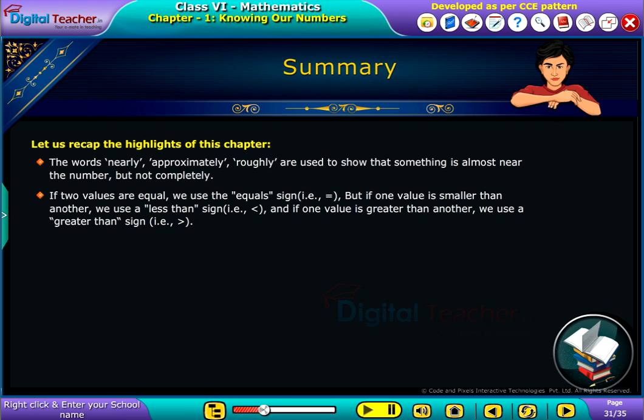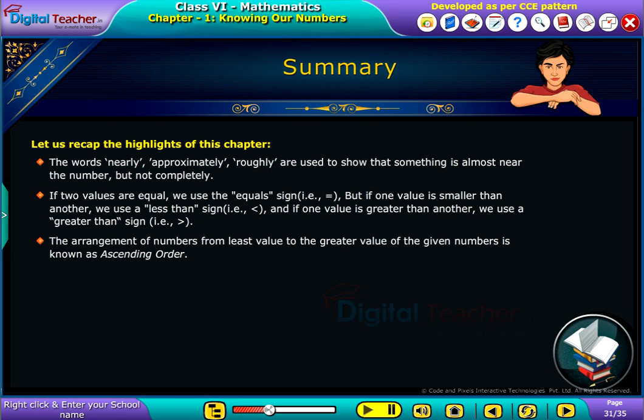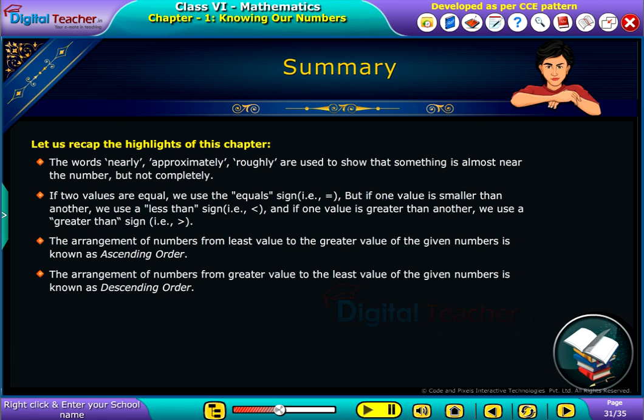And if one value is greater than another, we use a greater than sign. The arrangement of numbers from least value to the greater value of the given numbers is known as ascending order. The arrangement of numbers from greater value to the least value is known as descending order.